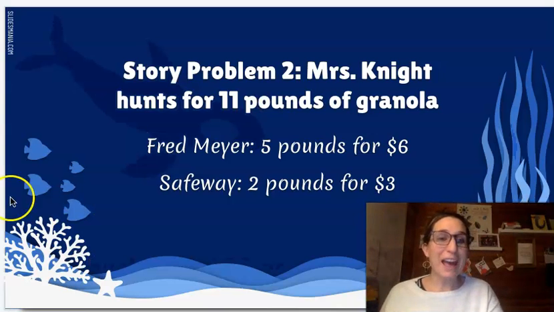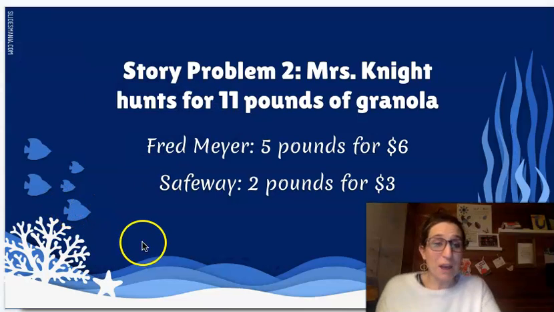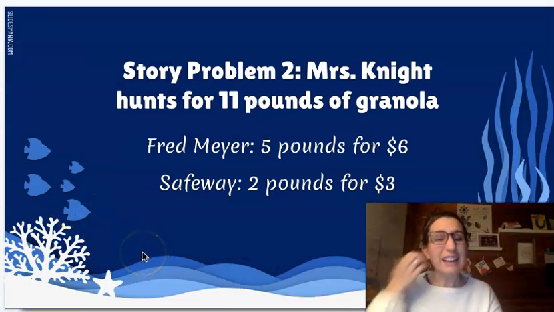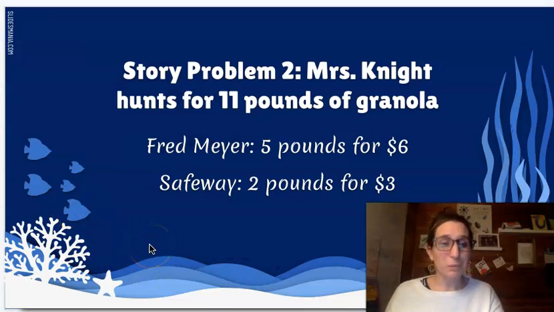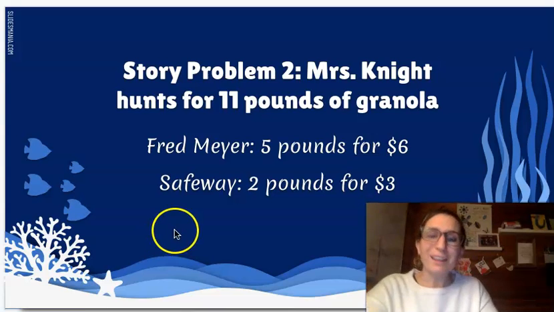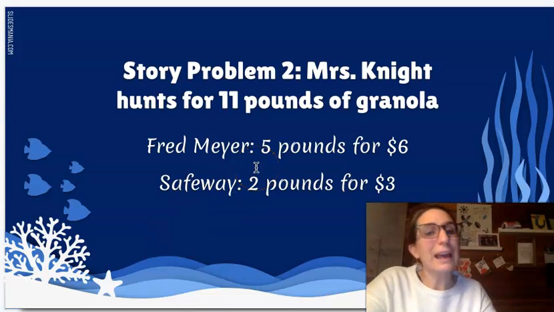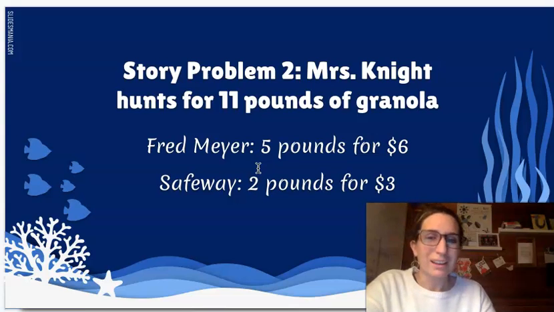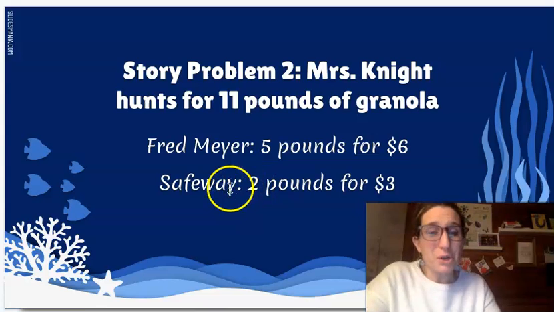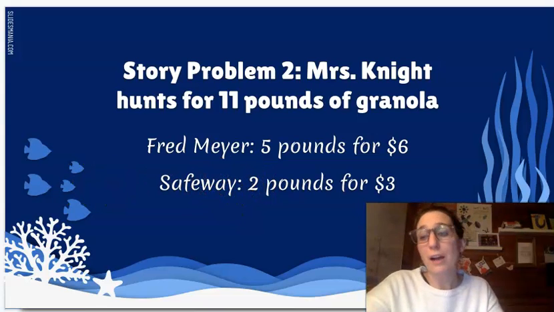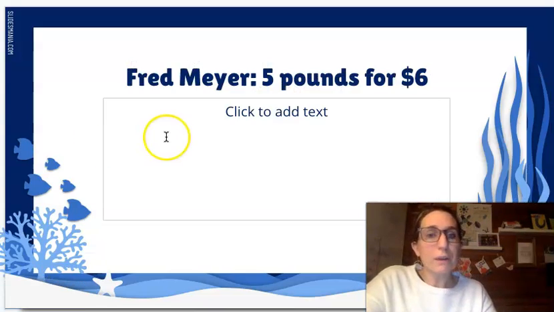Let's take a look at a problem that I had to do. I had to buy granola for my household, and I needed 11 pounds of granola for this really big recipe for granola bars. And I looked on Fred Meyer online, and they had 5 pounds for $6. And then Safeway had them on sale for 2 pounds for $3, and I really wanted to know where I wanted to buy that granola. So let's solve the Fred Meyer one first.